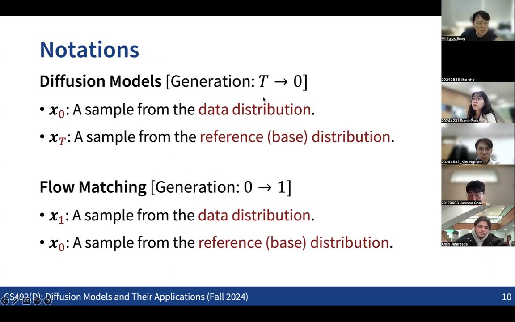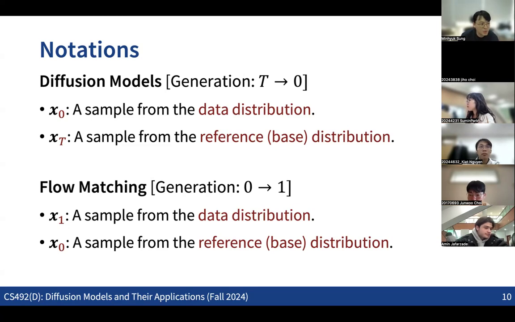The generative process was the reverse process, rewinding in the time domain, starting from time T to 0. So x0 indicated the sample from the data distribution, and x capital T was the sample from the base distribution, which is typically the standard normal distribution. So the generation process goes from capital T to 0.